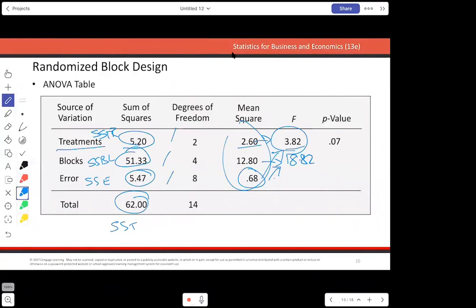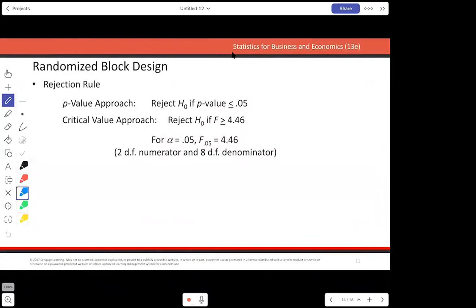Now with the 3.82, it all depends on what our critical value is. I suspect our critical value, we're using 0.05. And then our degrees of freedom are 2 and 8. Our degrees of freedom for treatment is k minus 1, which is 3 minus 1, which is 2.